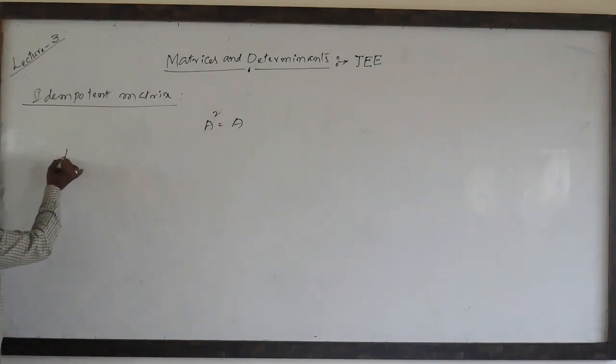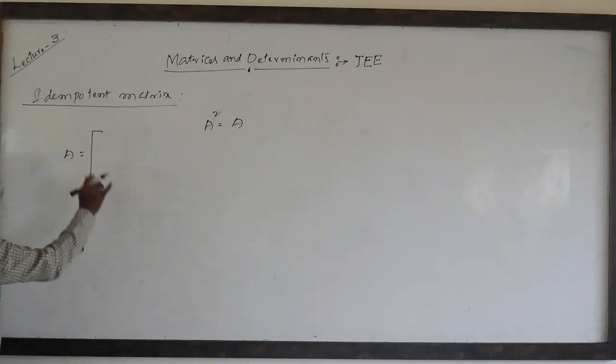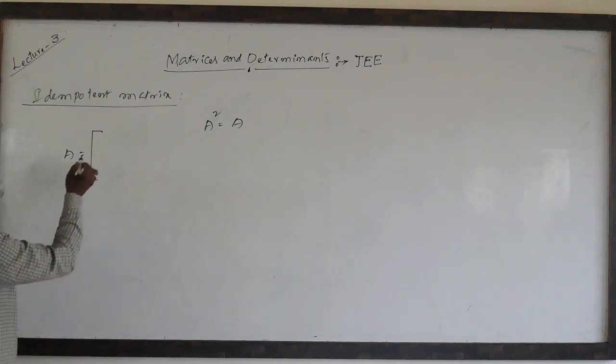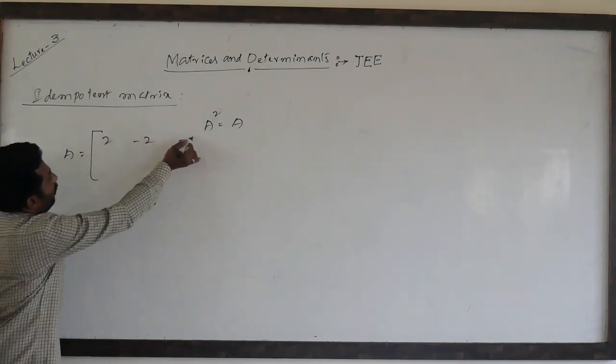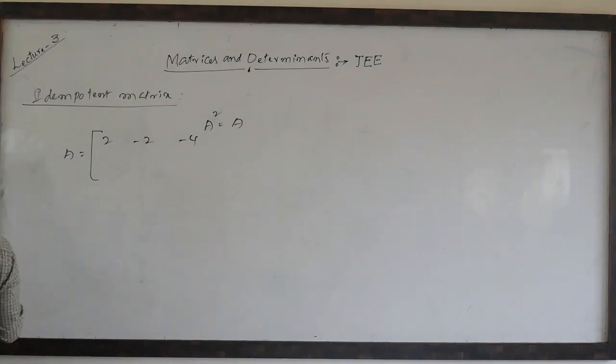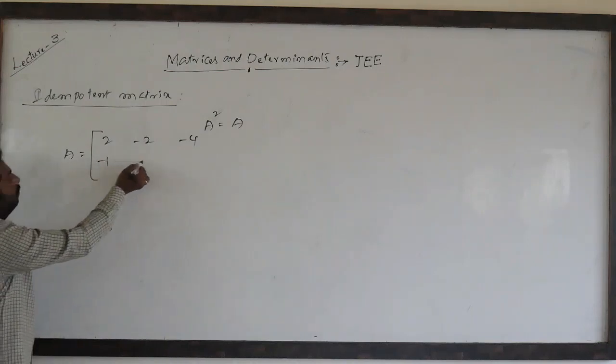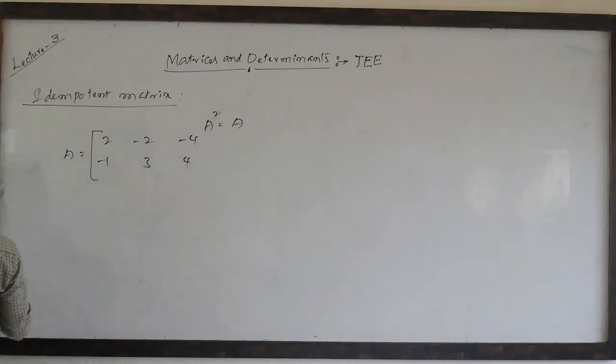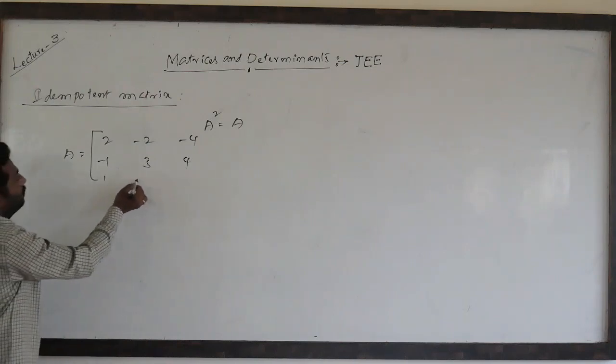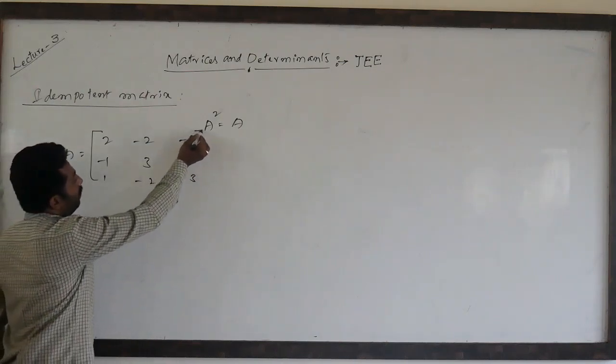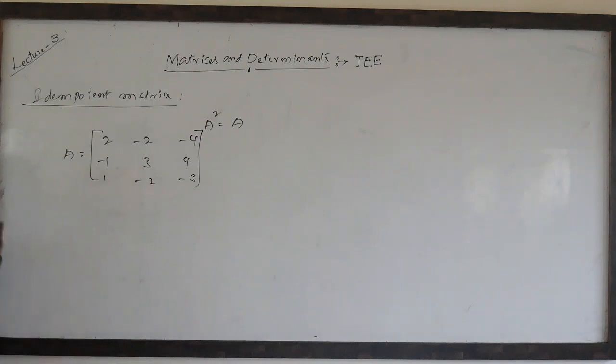Capital A equal to 2, minus 2, minus 4; minus 1, 3, 4; 1, minus 2, minus 3. We'll see whether it is idempotent or not. So what is A square?